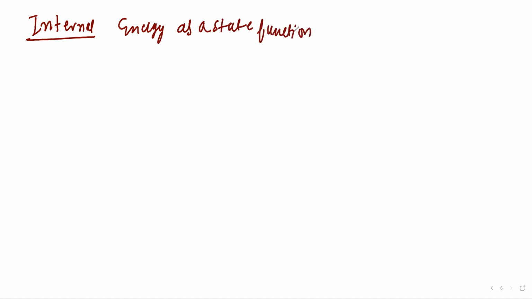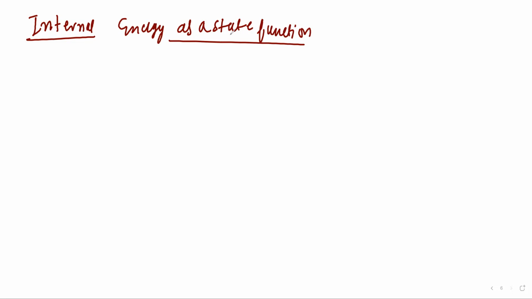Next is internal energy as a state function. Right. So when we talk about our chemical system losing or gaining energy, we need to introduce a quantity which represents the total energy of the system. So whether chemical, electrical, mechanical or any other type of energy, you may think of the sum of all the energy of the system.